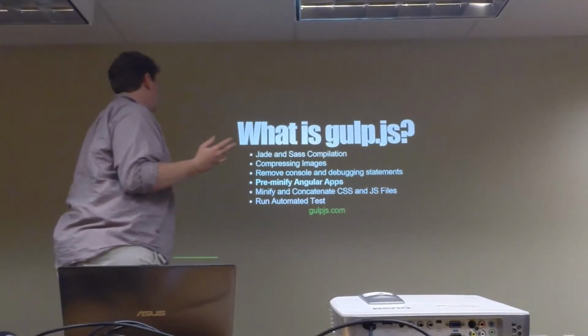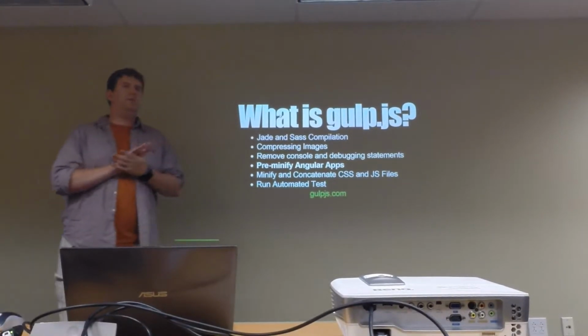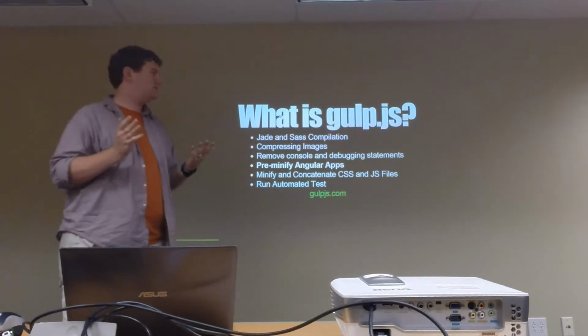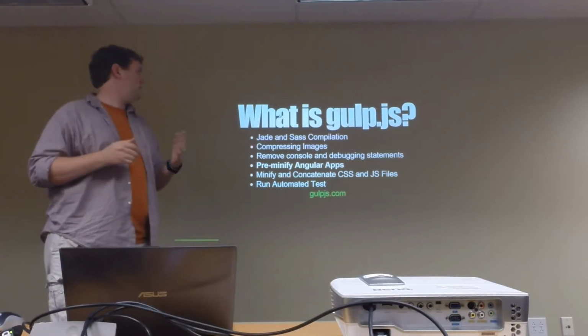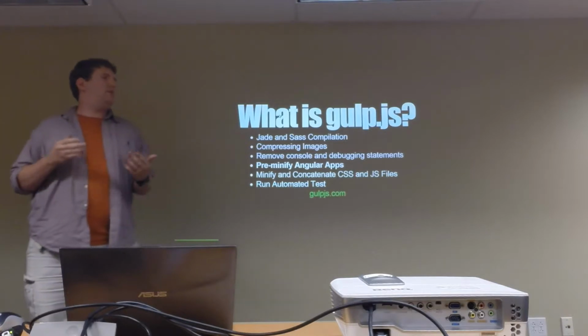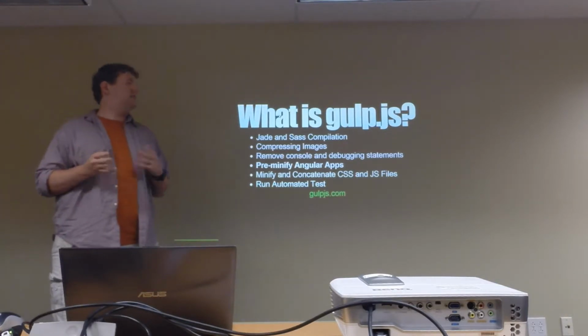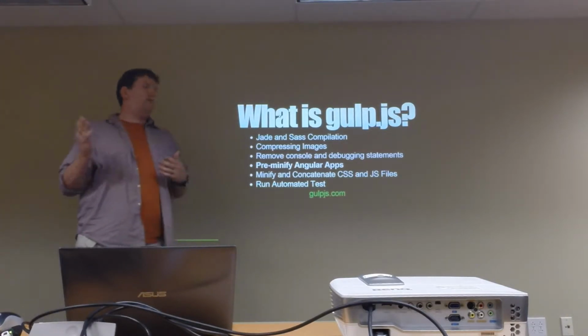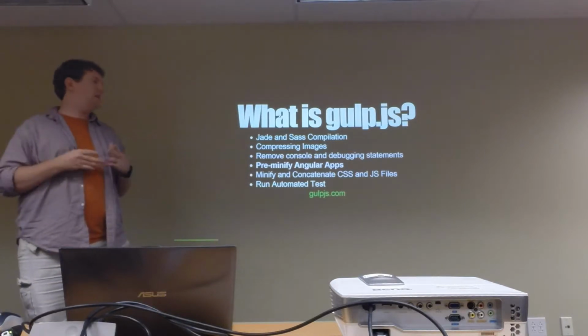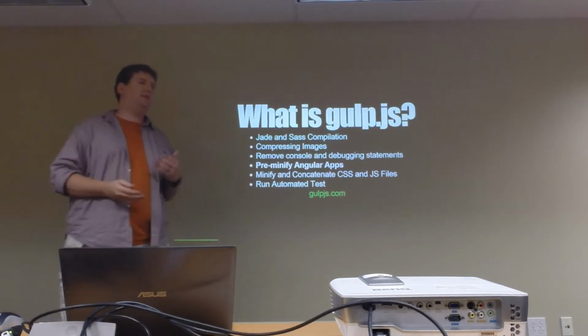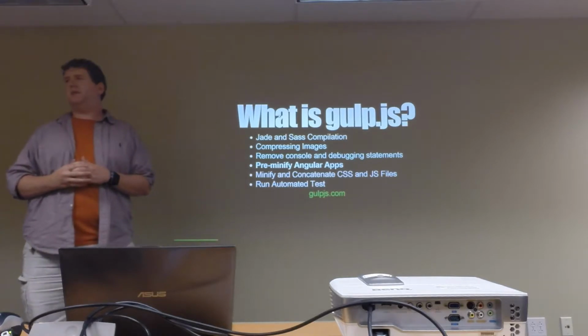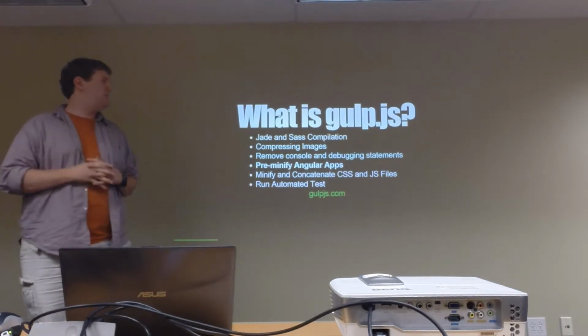So what is gulp? Gulp is a streaming build system or task runner. You use it for all kinds of things. You can compile down your JS and your Sass. You can compress your images. You can minify your code, concatenate your code. You can run all kinds of random tasks. You can run your automated tests. You can run your end-to-end tests. You can run protractor.